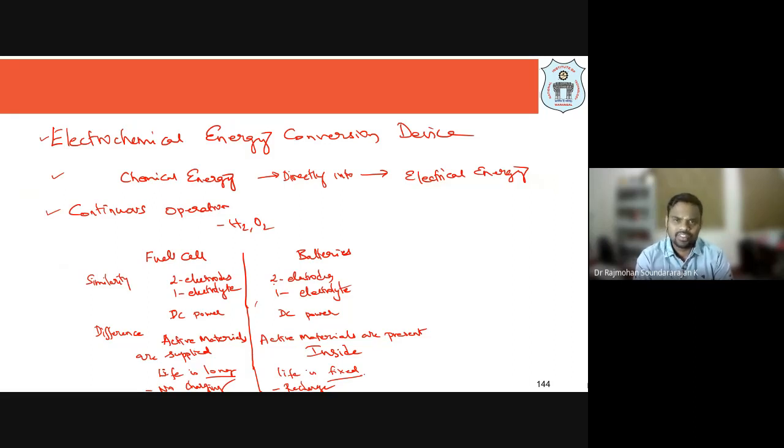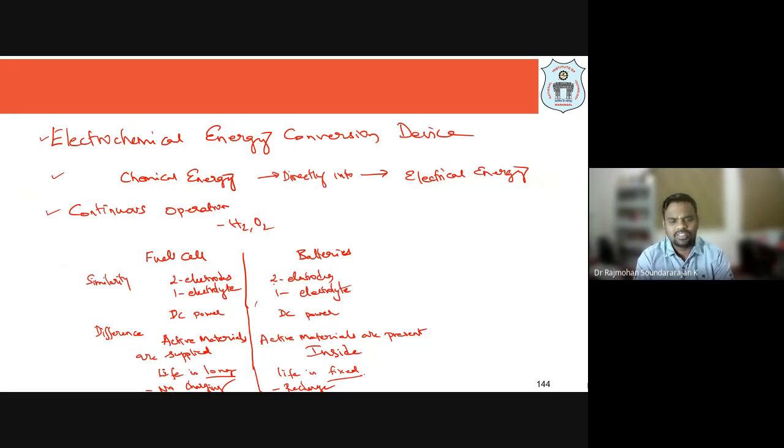In a fuel cell, the active materials, that is the hydrogen and oxygen, are supplied from outside, whereas in a battery, the active materials are present inside the battery. What about the life? The life of a battery is limited because once the amount of active material present inside the battery is exhausted, its service stops. So its life is fixed.